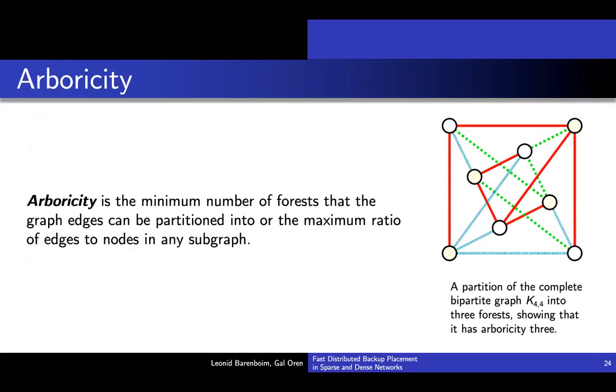First, what is arboricity? Arboricity is the minimum number of forests that the graph edges can be partitioned into, or the maximum ratio of edges to nodes in any subgraph. For us, the arboricity of a graph is a measure for its sparsity. Sparse graphs have low arboricity.